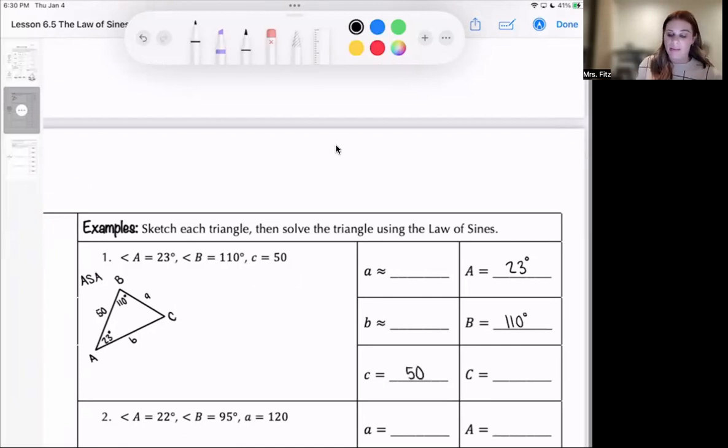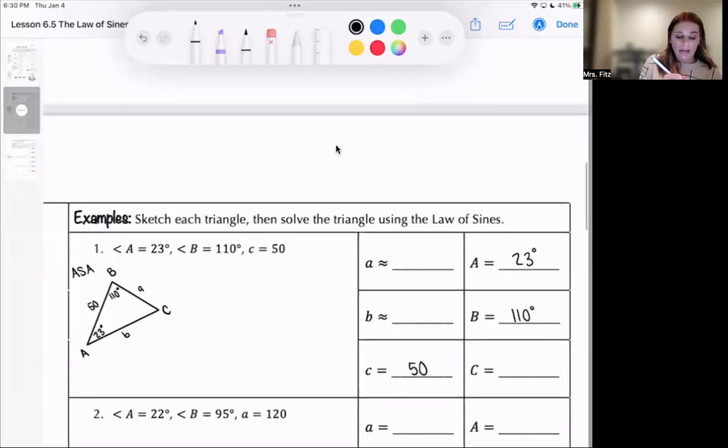So A is 23 degrees, B is 110 degrees, C we're about to find out, and side C is 50. Okay, so using triangle angle sum, we know that 110 degrees plus 23 degrees plus the measure of angle C should equal 180. Okay, so 110 plus 23 is 133 degrees plus the measure of angle C is equal to 180 degrees.